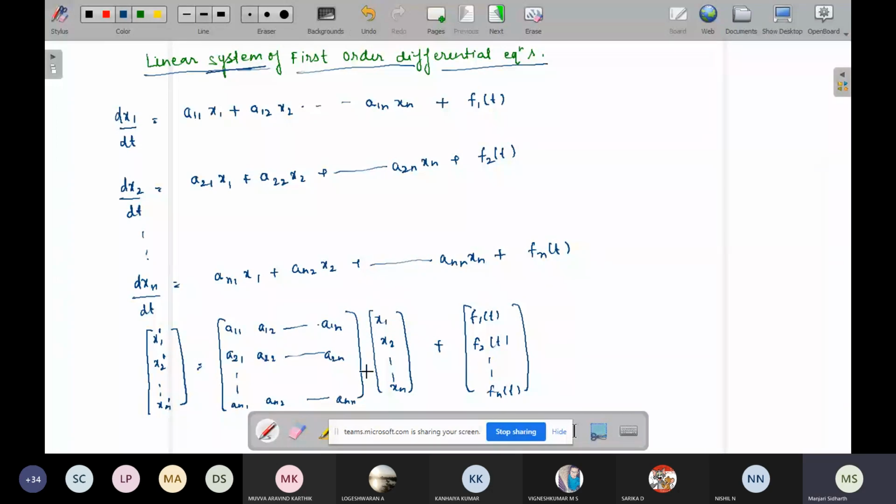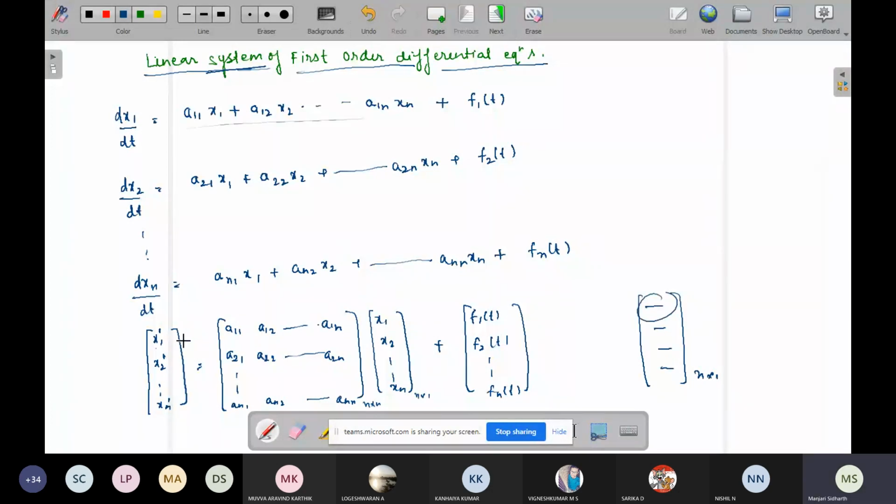This is an n cross n matrix and this is an n cross 1 matrix. When you multiply this and then add this, you get a single n cross 1 matrix on the right-hand side.